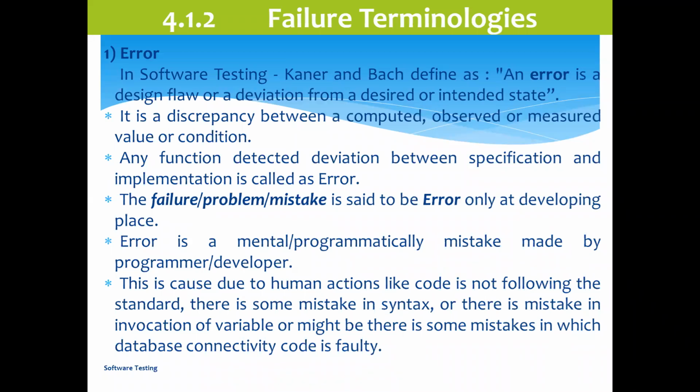So what is error? In software testing, few concepts were developed and we are learning those concepts. These two persons, Scanner and Batch, define an error as a design flaw or a deviation from a desired or intended state. So we are going to do some execution or check some end-to-end flow.